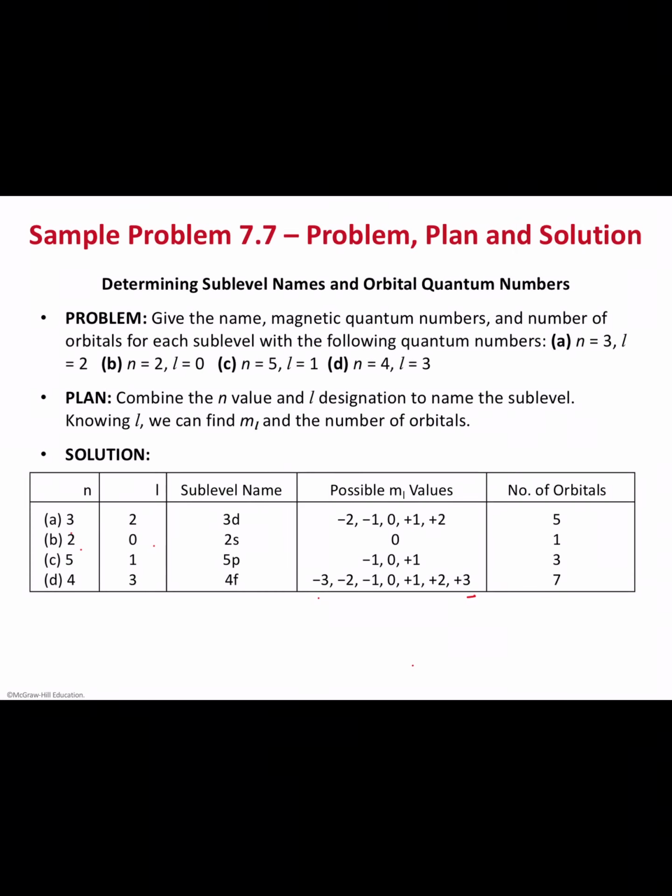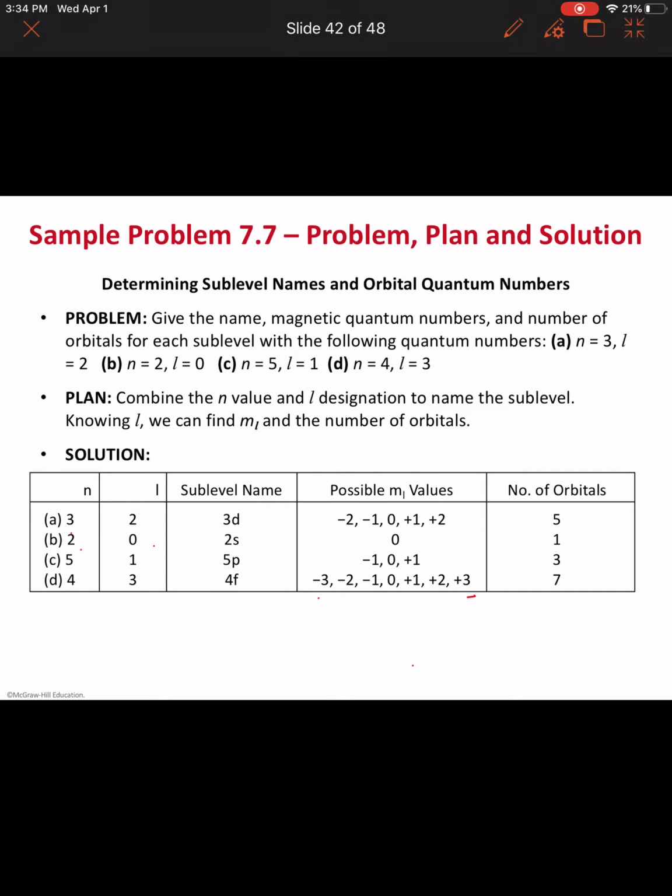Next one. Give the name, magnetic quantum numbers and number of orbitals for each sublevel with the following quantum numbers. Always remember that when the L values are 0, 1, 2, 3, the specific orbitals are going to be s, p, d, f. Okay.